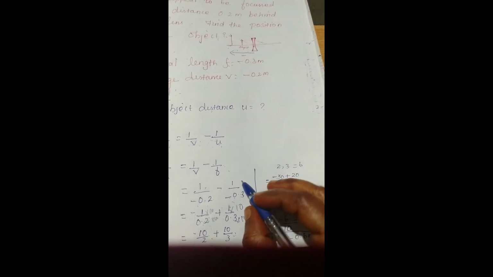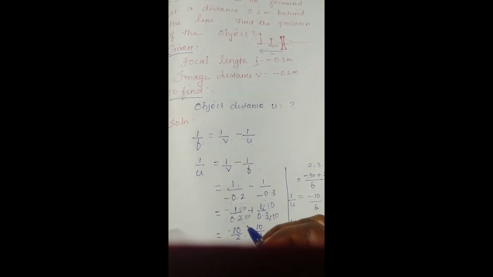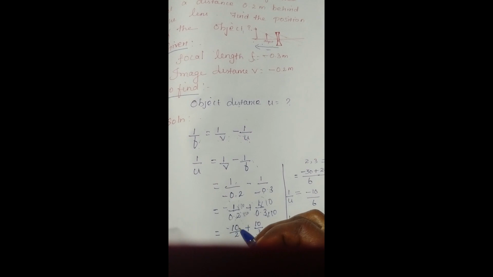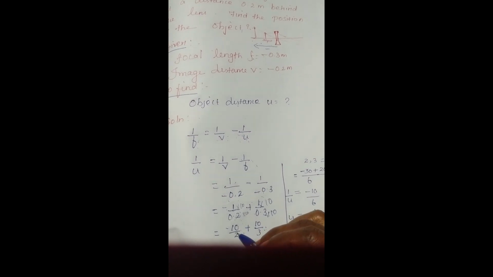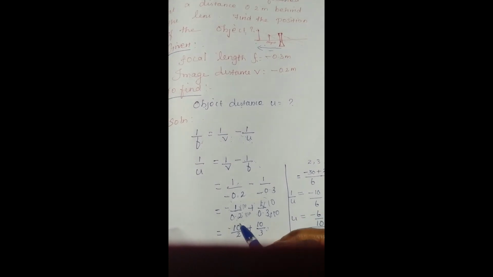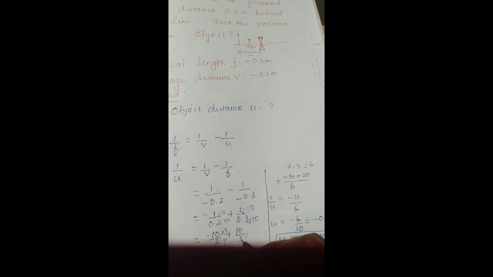Next, to get the same denominator, we multiply: 2 threes are 6, so the same number must be multiplied in the numerator. 10 into 3, 10 threes are 30, so minus 30. Similarly, 3 twos are 6, so multiply here with 2: 10 twos are 20. So minus 30 plus 20 divided by 6.